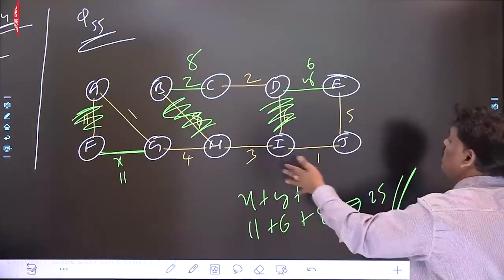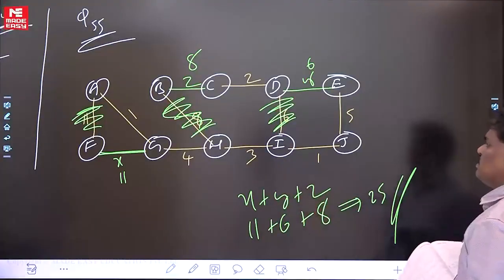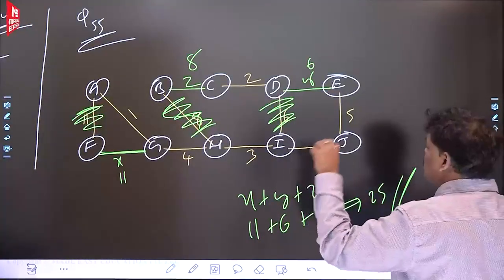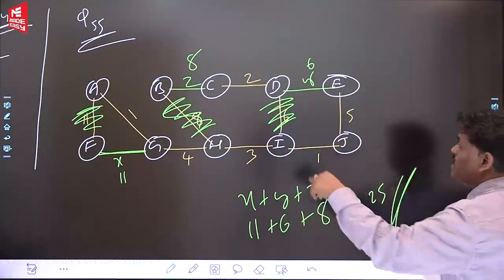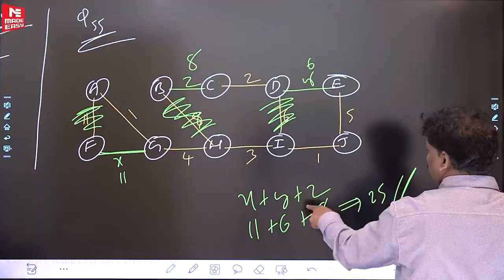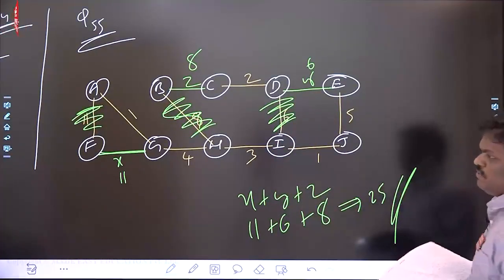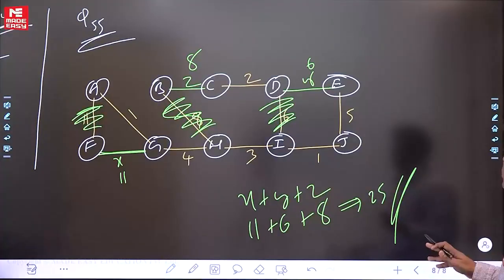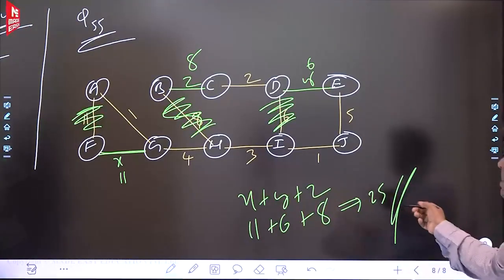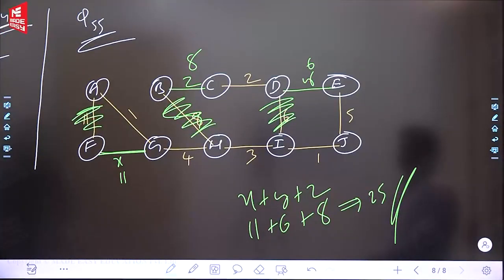Lastly, try to keep them, adjusting depending upon the requirement. And one more thing, take care whether distinct is there or not. Because if he asks for the maximum value, it is this much; for the minimum, it is minus infinity. Question number 55, the answer is going to be 25. Please take care about the calculation: 11 plus 6 is 17, 17 plus 8 is 25.